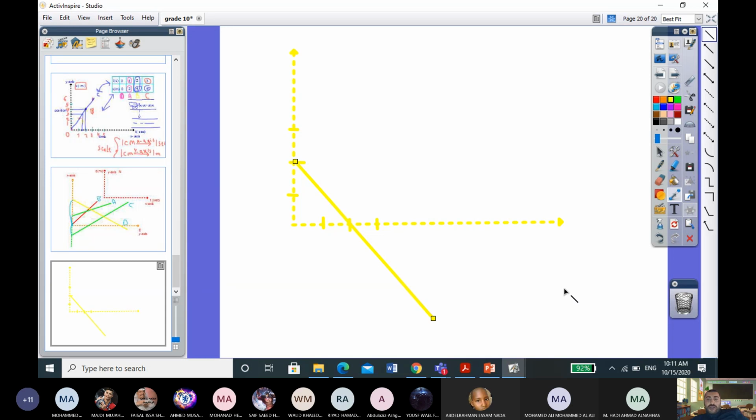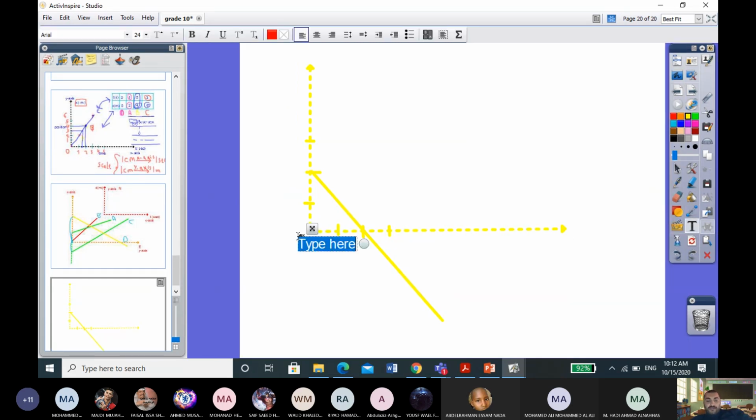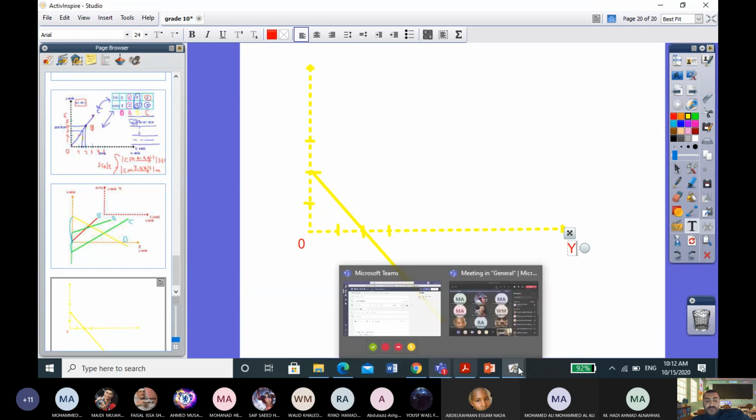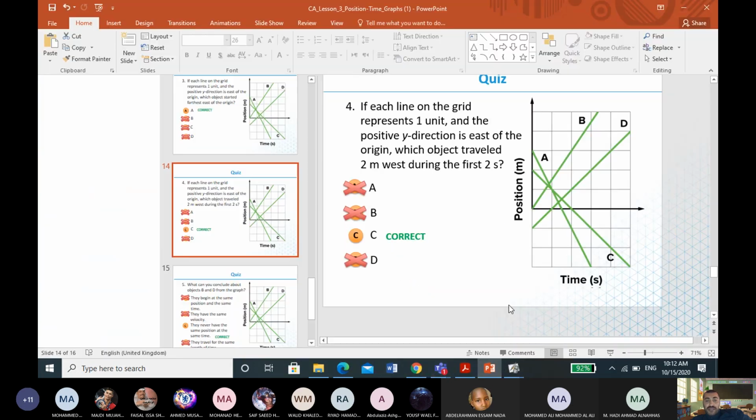C. So he's trying to tell me that from the origin now I go in a different way. This is the origin. From the origin I go here towards the y-axis. What's the question, guys?